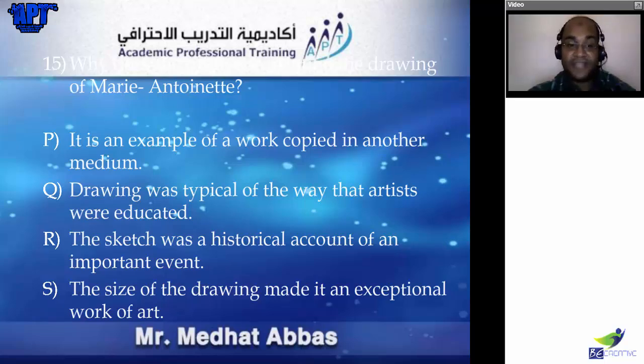The right answer is, think about it, A or P, Q, R, S, which one? Yes, the size of the drawing made it an exceptional work of art. This is letter S. So, number 15, the right answer is letter S. The size of the drawing made it an exceptional work of art.